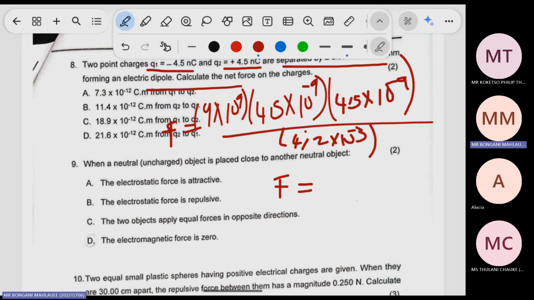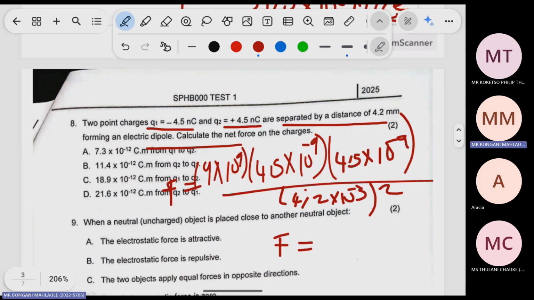Then this is squared. Oh, this is in coulomb per meter. Dot meter. The final answer. As I can see, the value I'm getting is 0 point something. I don't know.